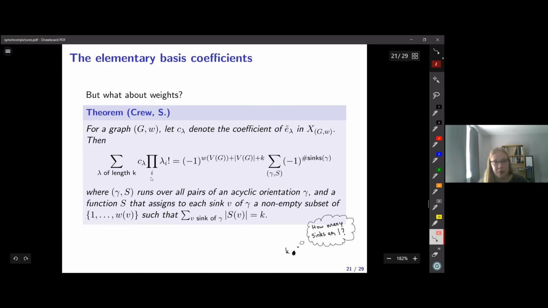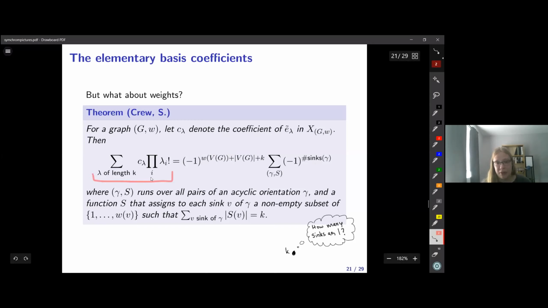We count such pairs, and then there's an adjustment of the sign: the total weight of the graph against the number of vertices, and the total number of sinks in the sense of these subsets versus the real number of sinks of gamma forgetting weights.